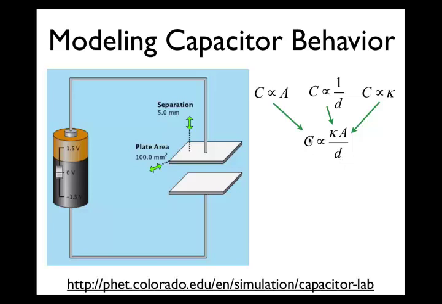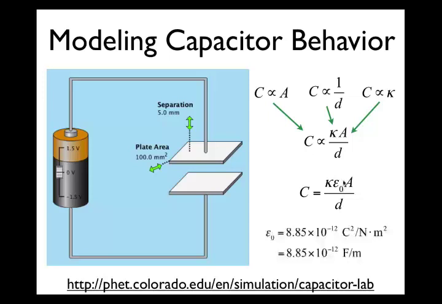And like we can do other places in physics, the way we turn this proportionality into an equality, an equal sign, is to introduce a constant. The constant in this case is given a special name. It's called the permittivity of free space, and it's written as this little epsilon 0 character, epsilon 0.